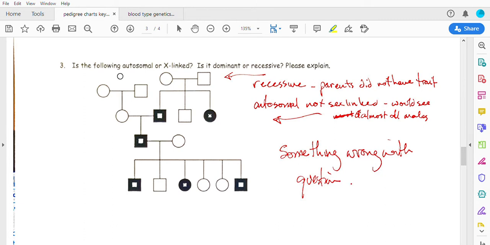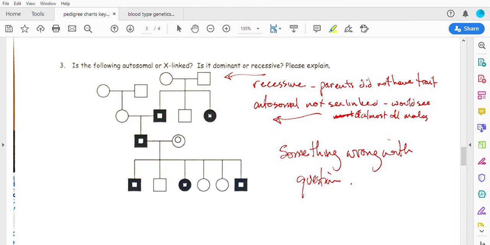Now, this is the one: is the following autosomal or sex-linked, and so on. So recessive, the parents did not have the trait. Here we don't show the trait, but then it's showing up in the boy and the girl. So that would mean autosomal, not sex-linked. Otherwise we would be seeing it in both males, because it's only the female that could be the carrier for that.